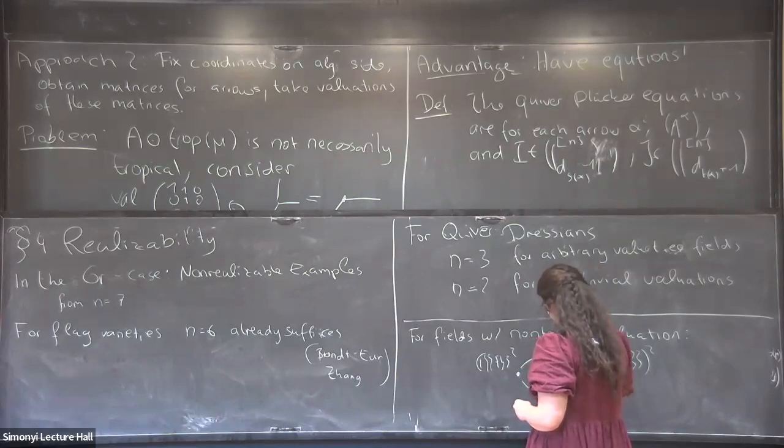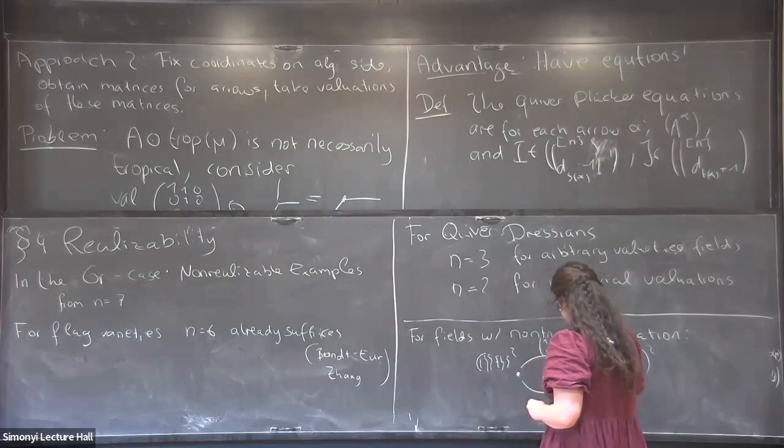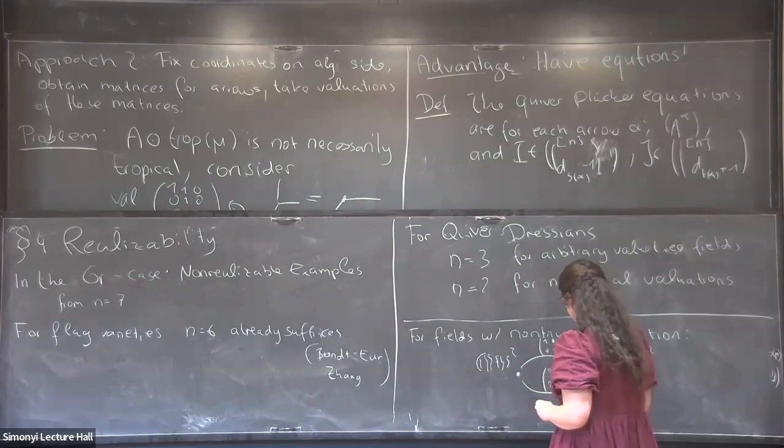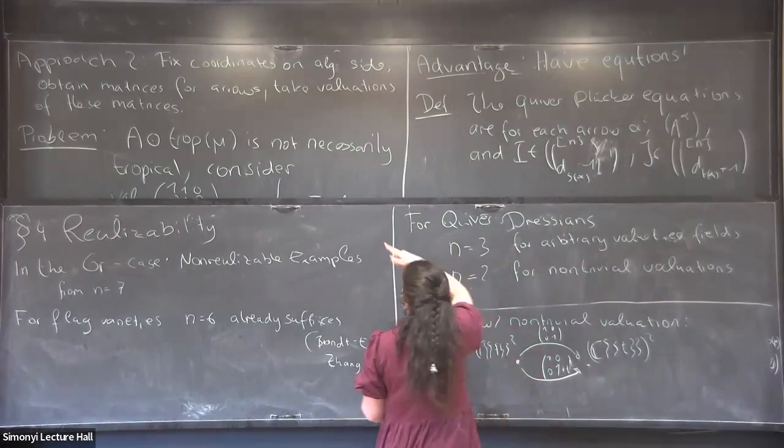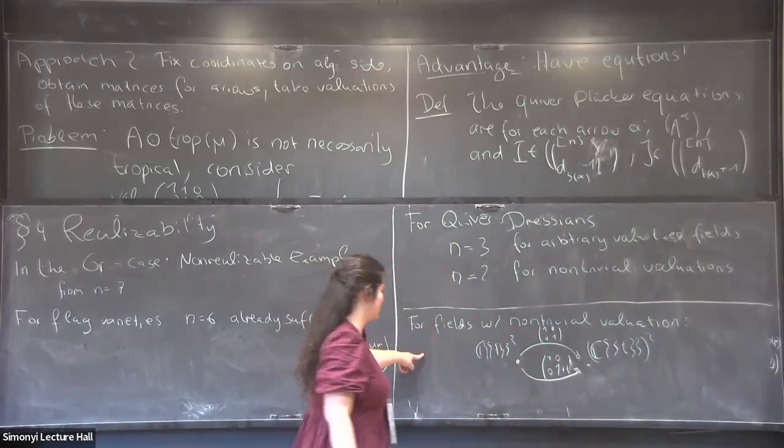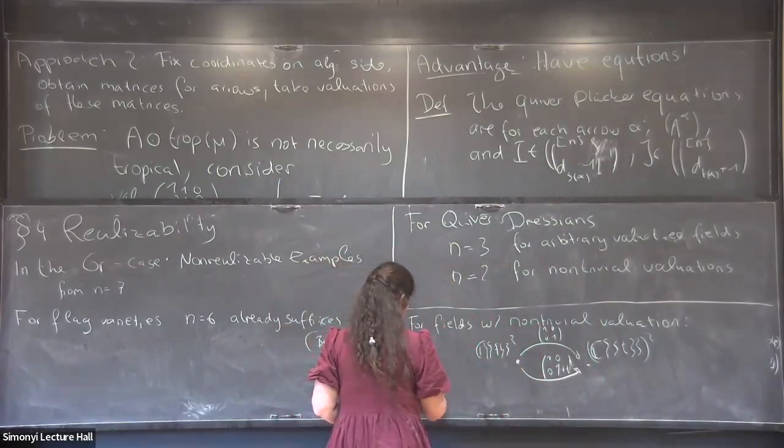So we have the identity map up top and the identity map where we add a T here. Now you can pretty immediately compute from the equations that you can read off from this picture that the Quiver Grassmannian of this thing is just two points.